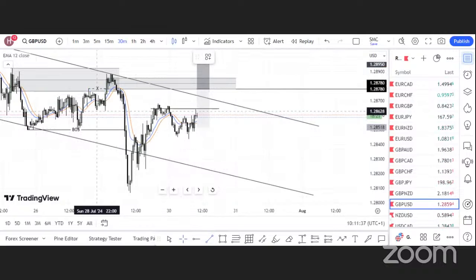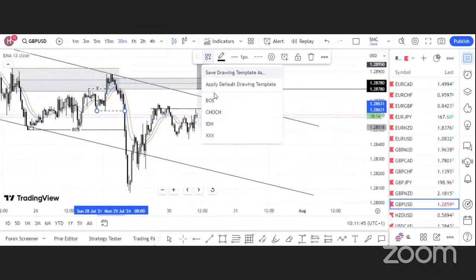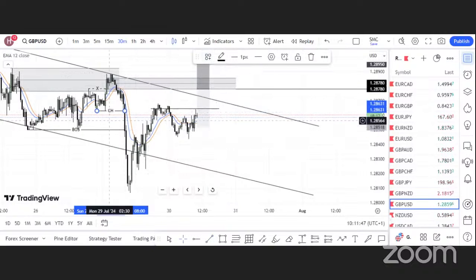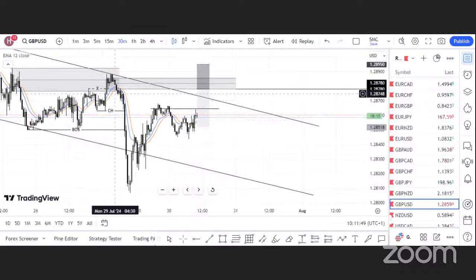So this is the difference between liquidity and an IDM, inducement. Here you see we have liquidity, we have a change of character before we can start looking for entry opportunities, before we can even talk about order blocks or fair value gaps.